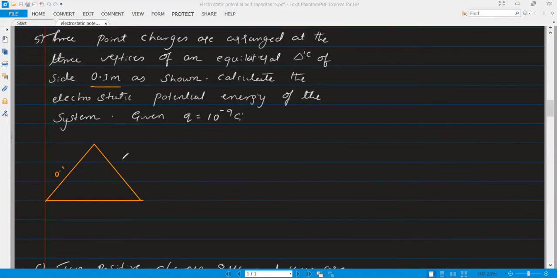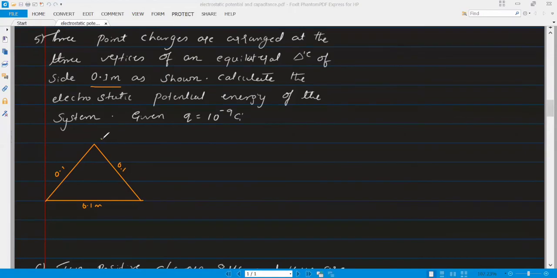That means this is 0.1, this is 0.1 meter, and this is also 0.1 meter. 3 point charges are arranged at the 3 vertices of an equilateral triangle of side 0.1 meter as is shown.